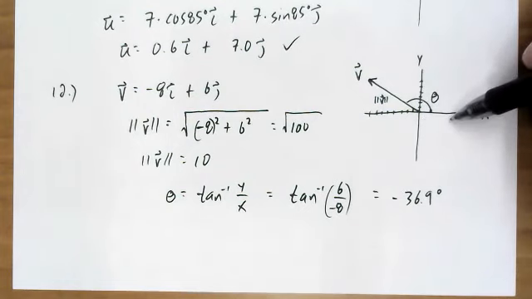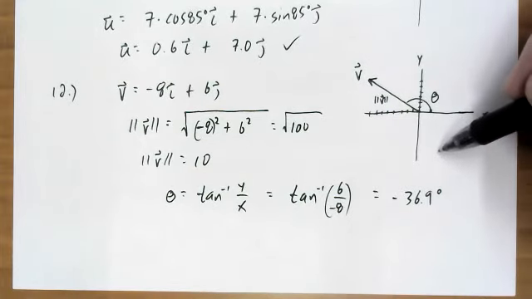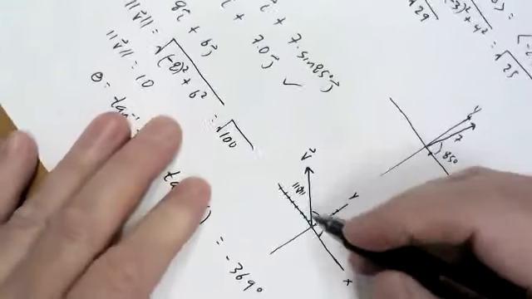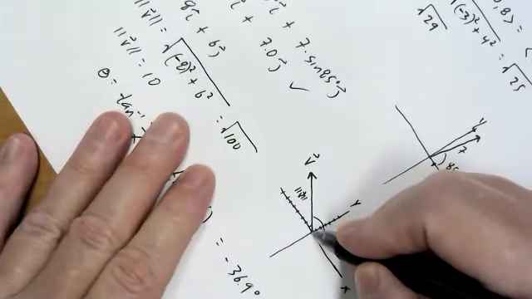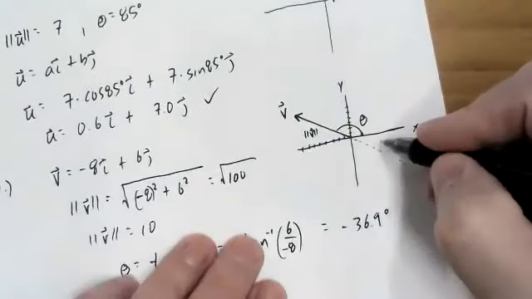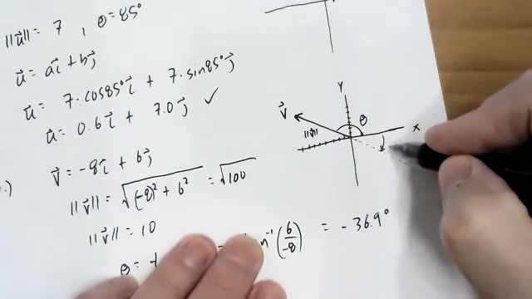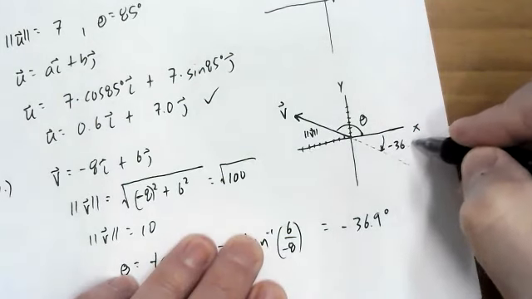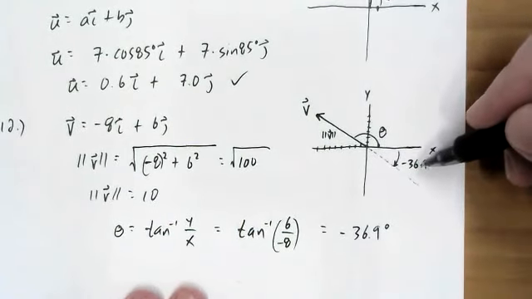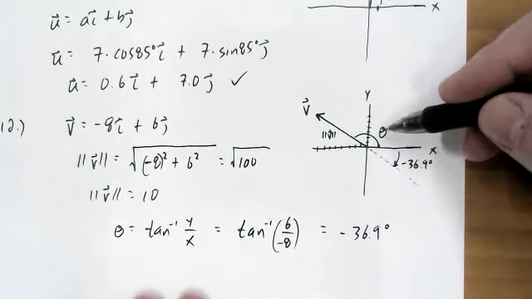Now, if you were to go to our little sketch and imagine where negative 36.9 degrees is. Negative degrees means you start at the positive x-axis and you go clockwise. So negative angles, you go this way. As it turns out, negative 36.9 degrees is going to be on this same line. So obviously, this is not my answer.